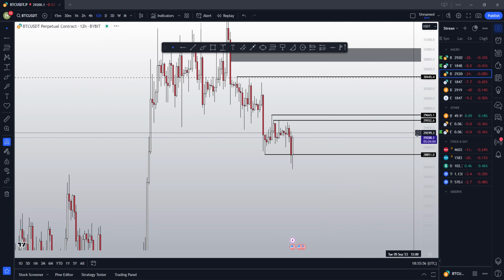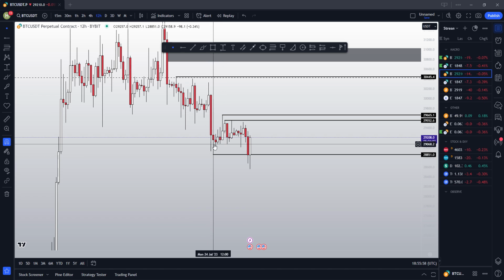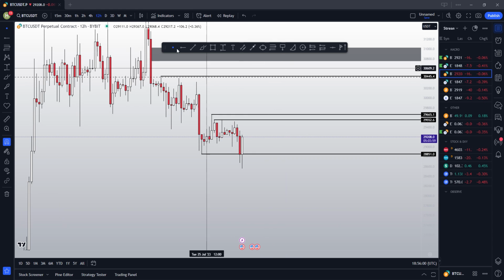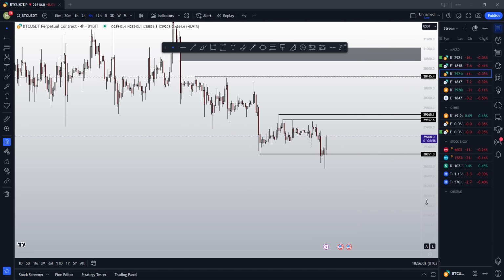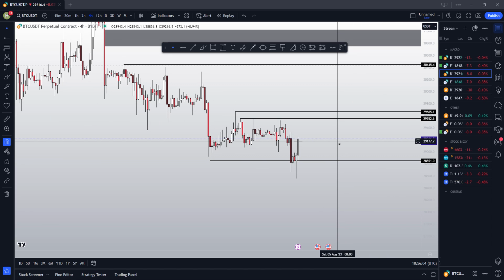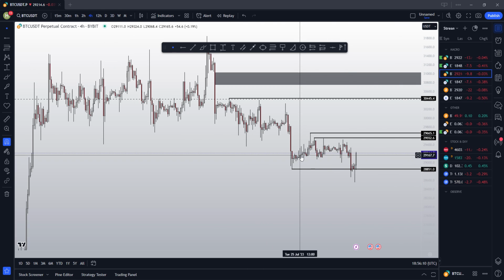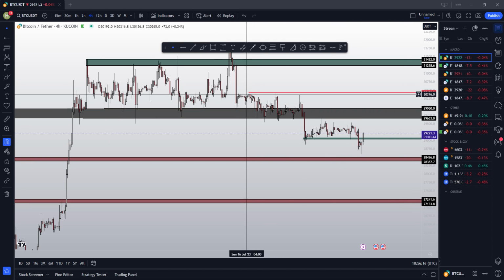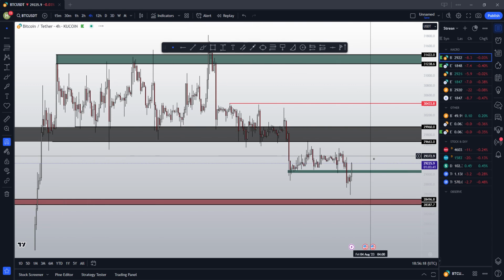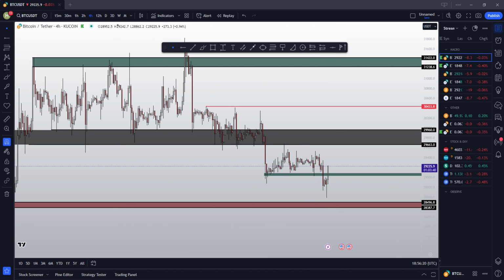Also on Bitcoin, you see all those lows here taken out. Now what price is about to do, I think it's heading towards this zone here, taking all this liquidity here and probably even this liquidity here. I'm not talking about this liquidity here yet, because to talk about it we have to close above here.